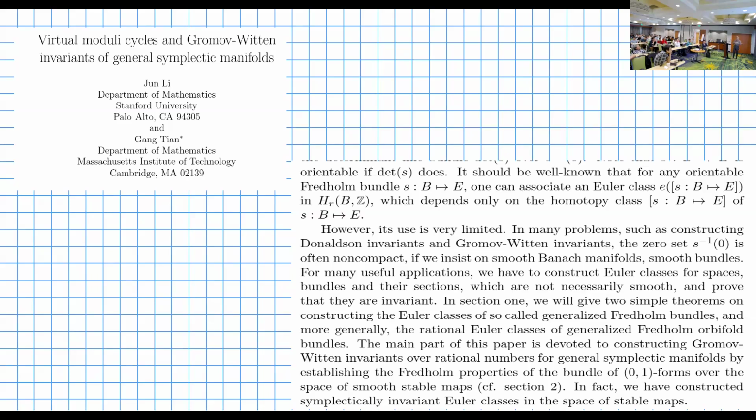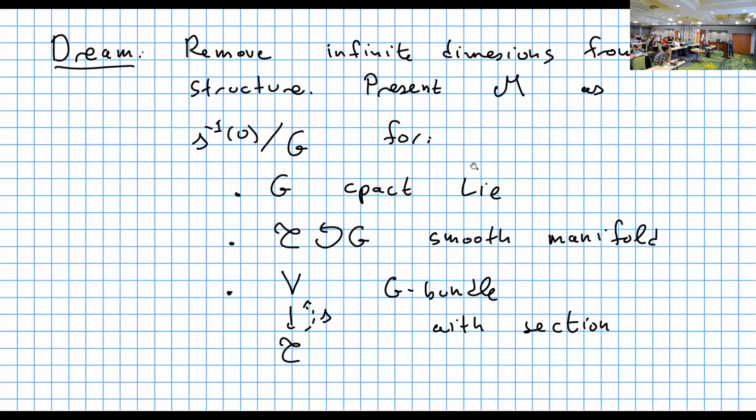You cannot present them as just some Riemann surface modulo a finite group. So this word global means something slightly different for us. It means that, at least from my perspective, we try to find something intermediate between these two levels of difficulty, which is that we are going to look at finite dimensional manifolds with actions of compact groups. Okay? So let me say more precisely. So this is, to me, the most reasonable dream.